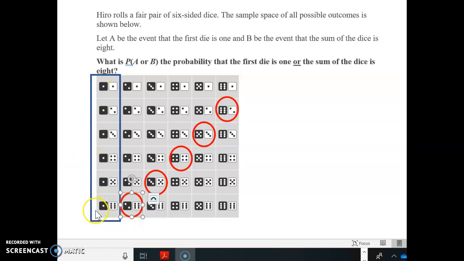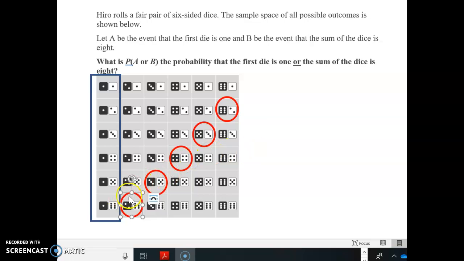We have 6 out of 36 here. We have 5 out of 36 here. So we have a total of 11 out of 36, which would be about 31%.